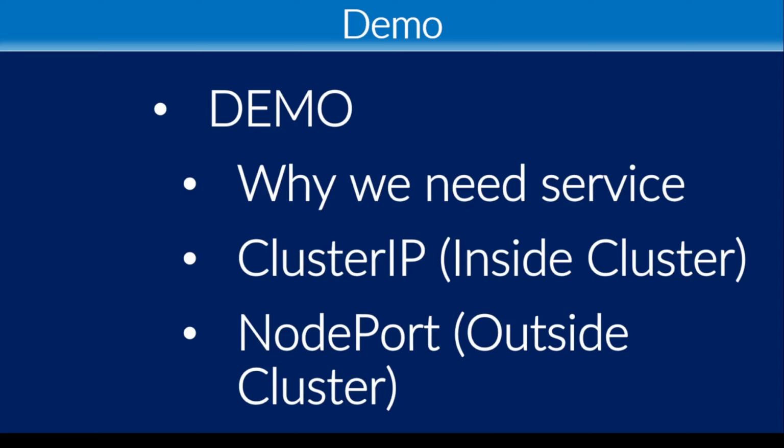If I want to access my application outside the Kubernetes cluster, then I need the NodePort. The NodePort is a configuration that you need to set in your YAML file. When you execute that YAML, you can access your application outside your Kubernetes cluster. Let us see all these 3 items in action.